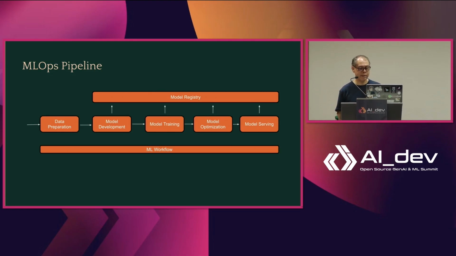Then you have the model training step, where you actually do the training operation and store that into an artifact repository like a model registry. Then you do model optimization, that's fine-tuning or changes to your model. And then finally, you have model serving, that's your inference. To tie it all together, you have a workflow mechanism, and a model registry as a common storage for all these different steps.